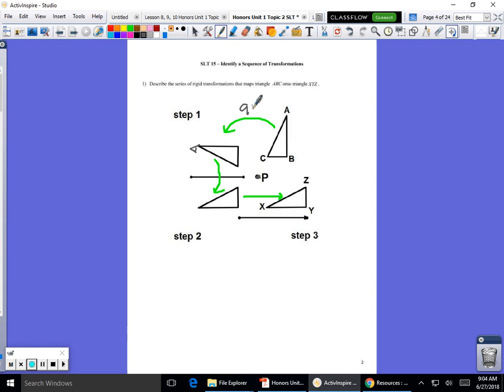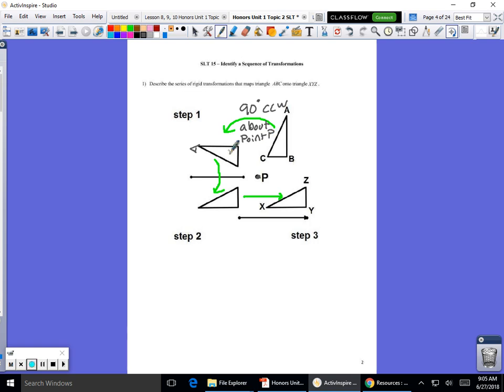So we're going to say 90 degrees clockwise would be to the right, counterclockwise. So our first step would be that we rotated 90 degrees counterclockwise. And when we rotate, it's very important that we say about what. So we rotated 90 degrees clockwise about point P. That's our first step. All right.